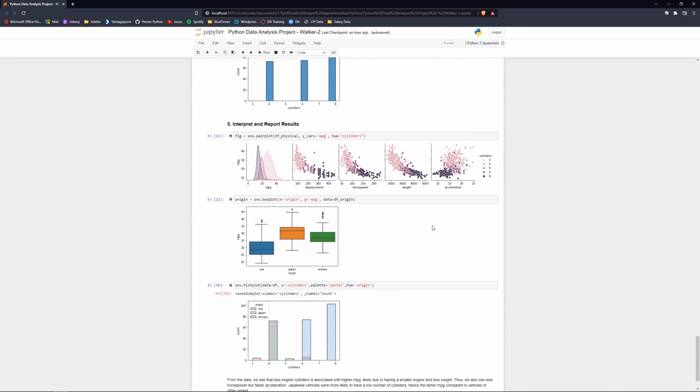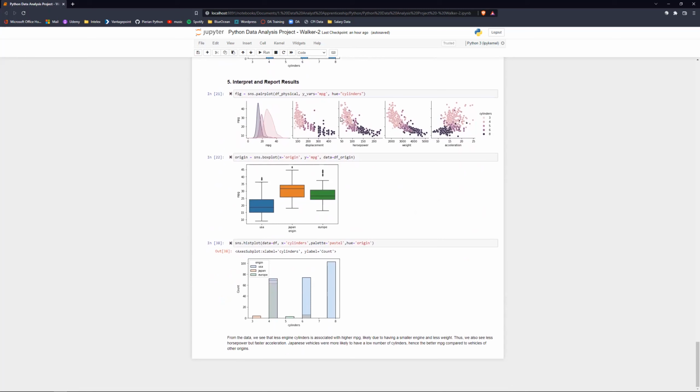So this is just a summary of what I did. I'm pulling back up this data, and then I put together all the histograms. It's kind of hard to tell, but this middle one is Japan for 4 and 6. I tried to make the palette a little easier to look at.